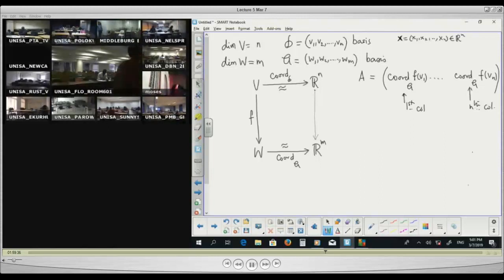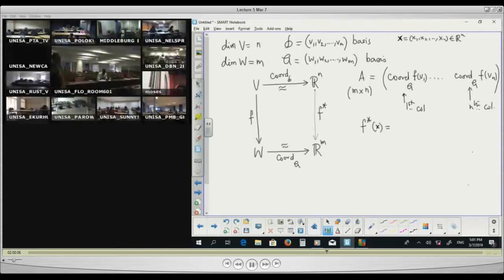Okay. Now, I am defining this linear transformation F star. What is it doing? F star of X is nothing else but Ax. Okay?